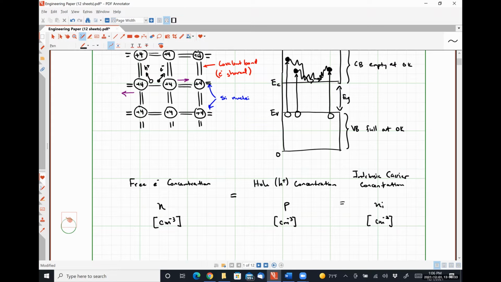So what is the intrinsic carrier concentration of silicon at 300K? Anybody? I'm sure you guys talked about this in 334. 1.5 times 10 to the 10 is a common value. 1.0 times 10 to the 10 is a common value. 2.0 times 10 to the 10 is a common value.